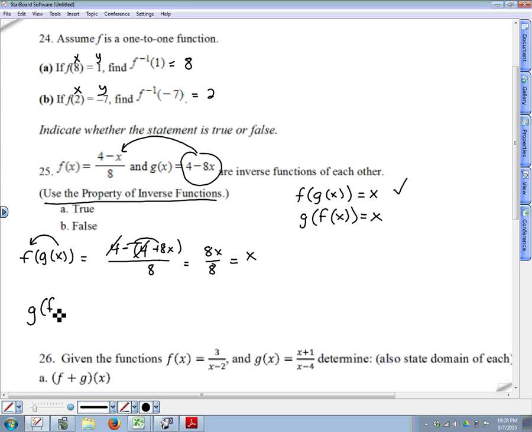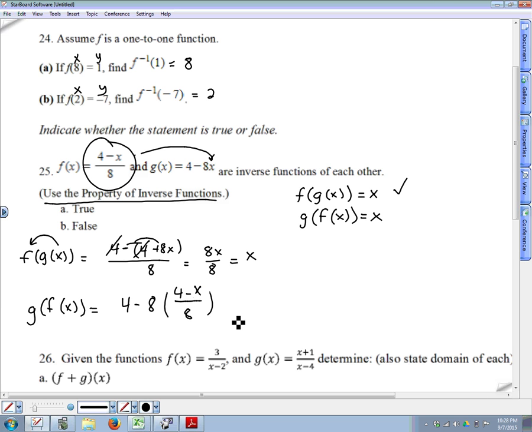Now if we test g of f of x, that means that this function goes right there for x. So we're going to have 4 minus 8 multiplied by 4 minus x, all over 8.